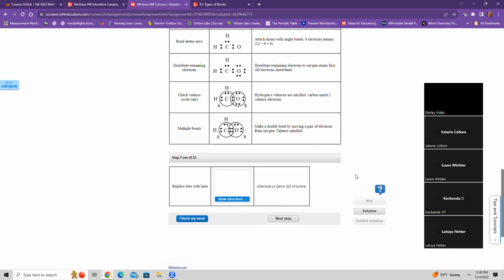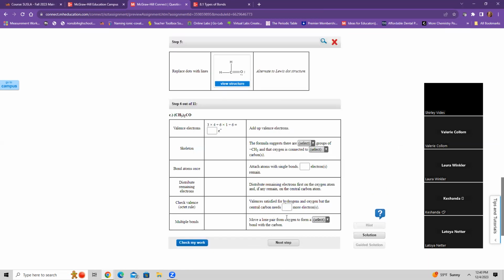Okay, this is the one I wanted to see. Next step. All right, see? All right, so I put it to the side. Isn't that the same thing I did though? What's the difference? That's so crazy. It doesn't matter which one of the bonds you make double.